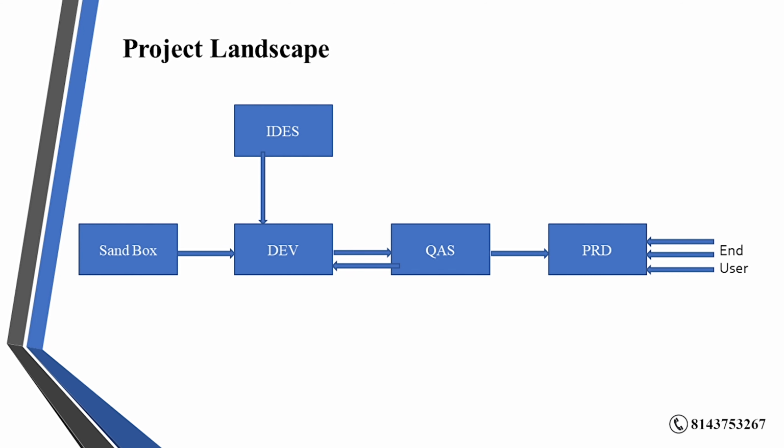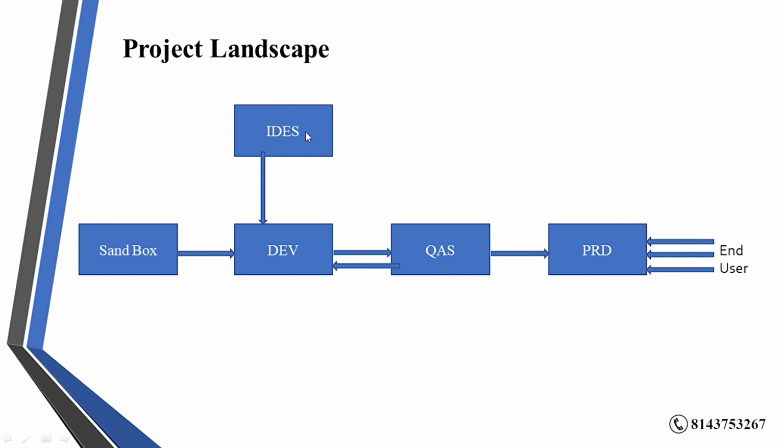So it may be anything, but it will be within these five things only. So what are these? These are different servers. Okay. So IDES is an integrated development environment system where we can do our testing and developments. That means it is a practice system, simply called a practice system.